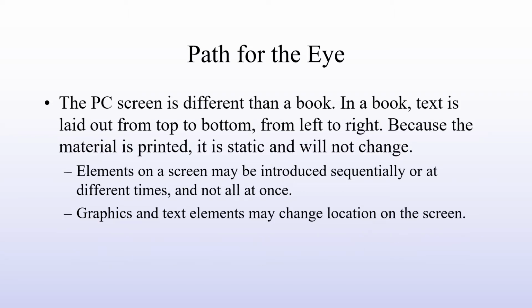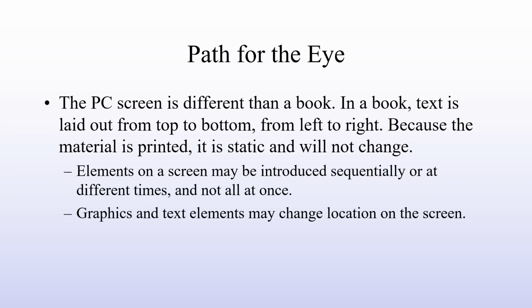The difference between a printed book or any printed material and anything electronic is that in a book, the text is laid out from top to bottom and nothing's going to change or move. Now, electronically, as we know, elements on the screen can move. They can change their location once the screen is embarked on.